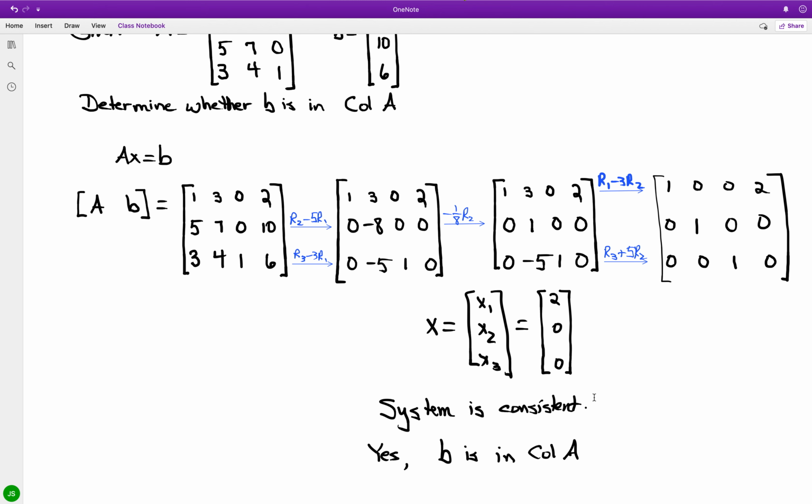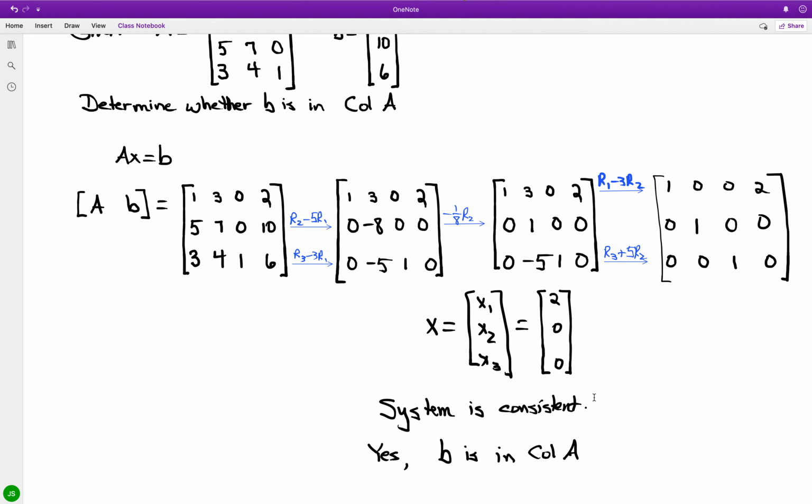And if we take another example, let's say for A we have negative 3, negative 2, 0, 0, 2, negative 6, and 6, 3, and 3. And we have that b is 1, 14, and negative 8.